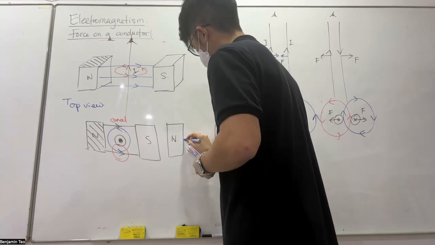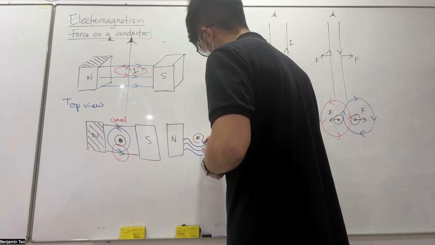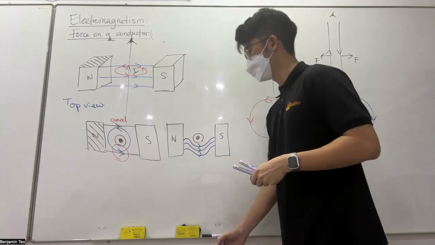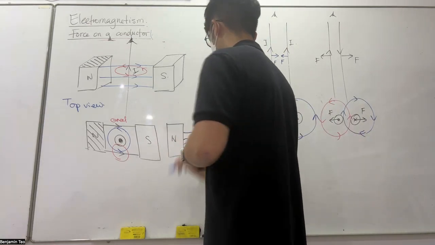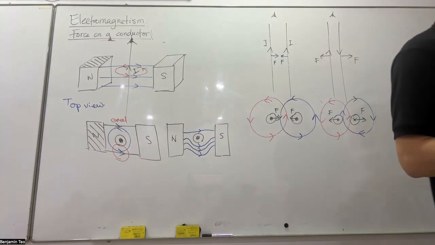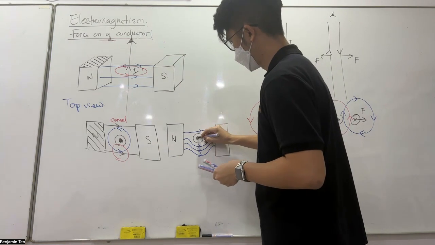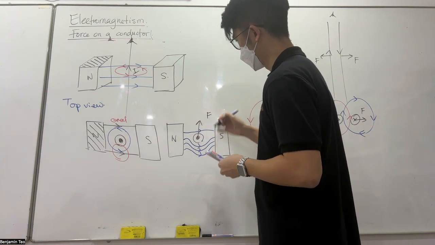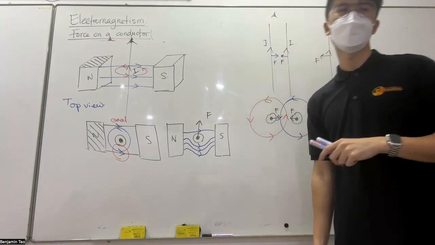Stronger at the bottom, right? So you draw it wrapping around. Still north to south. Then maybe just one up here. Force acting upward.